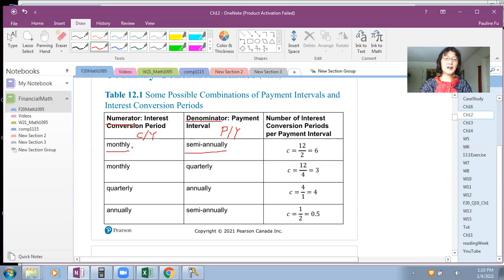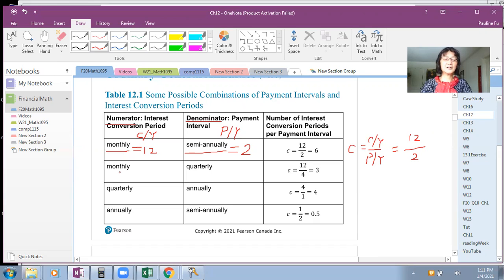If interest is compounded monthly, CY equals 12. If you make payment semi-annually, PY equals 2. By definition, C equals CY over PY. So in this example, CY equals 12, PY equals 2, and C equals 6.